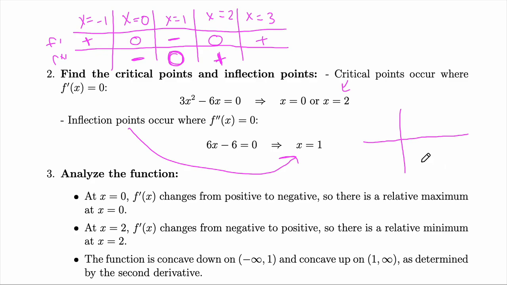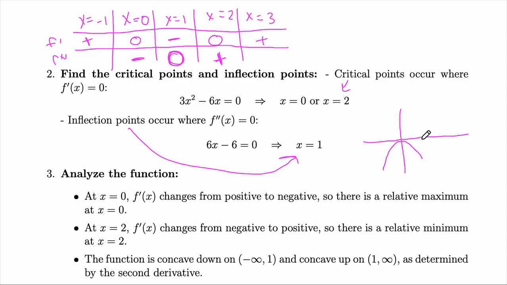So at 0, I know that I'm concave down, so I don't know exactly what it's going to look like, but let's say it looks like that.